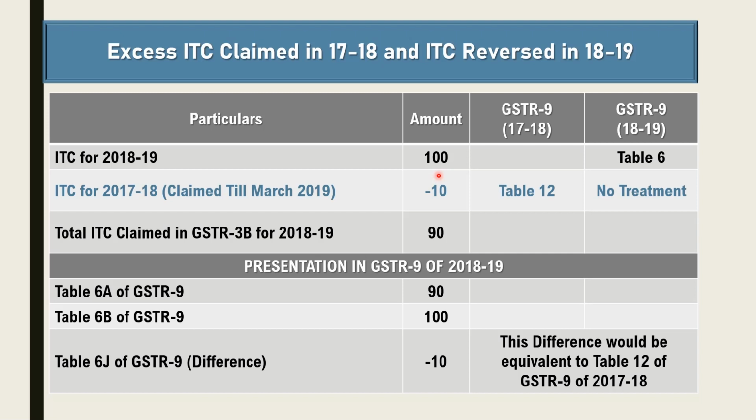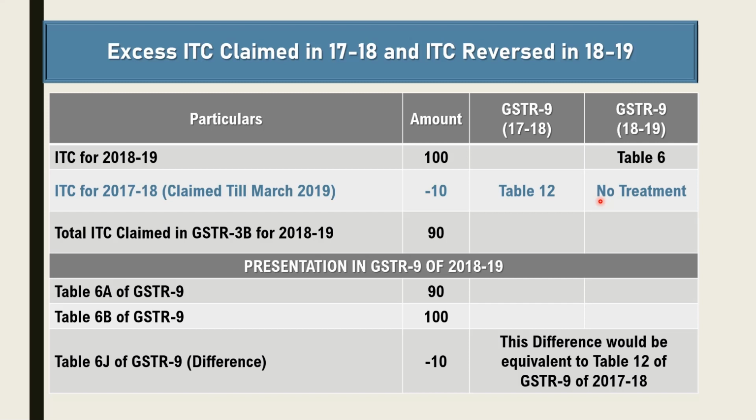So my net ITC comes to 90 rupees. This 100 rupees which pertains to 1819 would be reflected in table 6 of GSTR 9 of 1819, and this 10 rupees which has been adjusted in GSTR 3B of 1819 but pertains to 1718 has already been reported in table 12 of GSTR 9 of 1718. Therefore there would be no treatment in GSTR 9 of 1819.